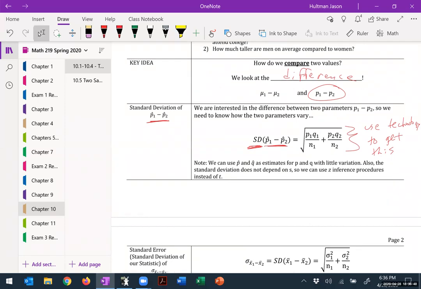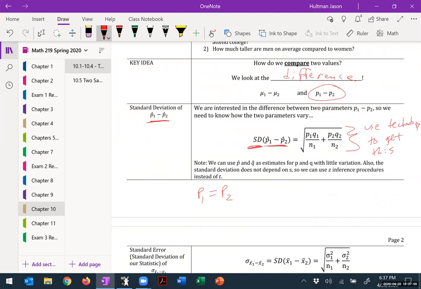Okay, how would you compare two things by the difference? Well, if I want to know that P1 is equal to P2, what would the difference be?